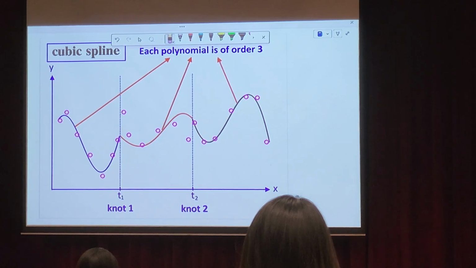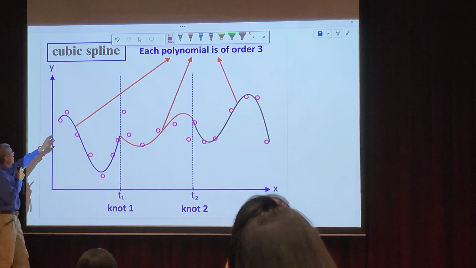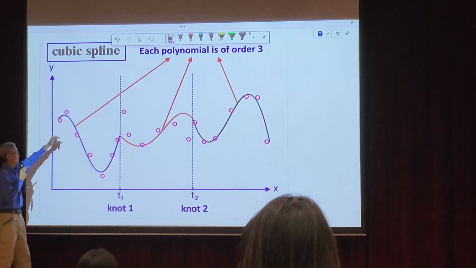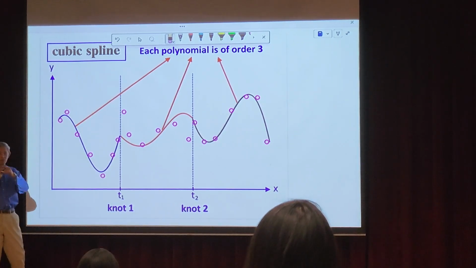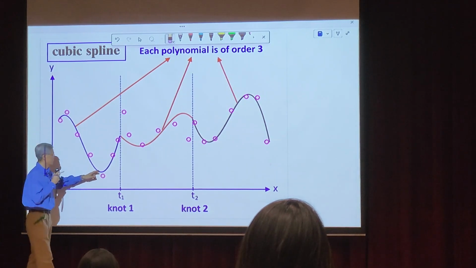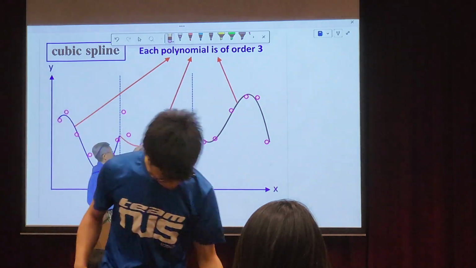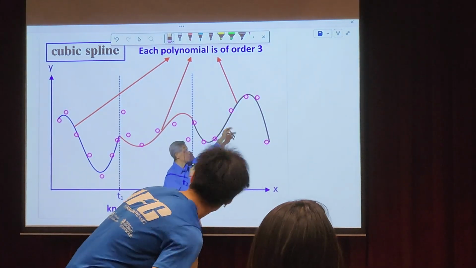If we are not going to use spline, just use what we learned about multiple linear regression, what would be the order of this polynomial? So you just count one maximum there, so order 2, order 3, 4, 5, 6, 7, 8.